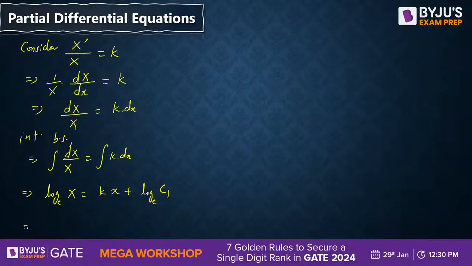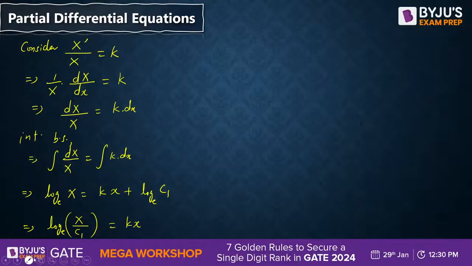Now what happens, students? Log terms are accumulated together on the left hand side. Log X minus log c1 will be log X by c1, and the right hand side is kx.